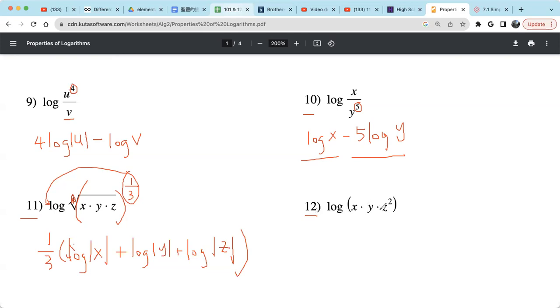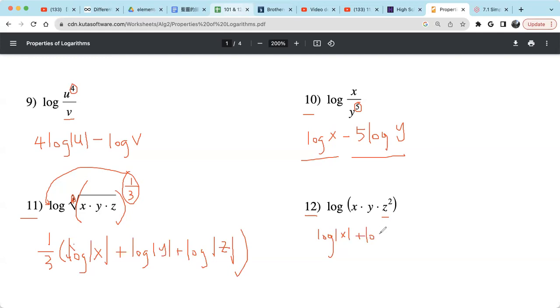Okay, 12. So I have a product, but z has an exponent of 2. So we're going to pull the 2 up from the log z. So first, we have log x. Again, we want to force x to be positive because x could be negative, y could be negative. When they multiply 2 negative numbers, they become positive.